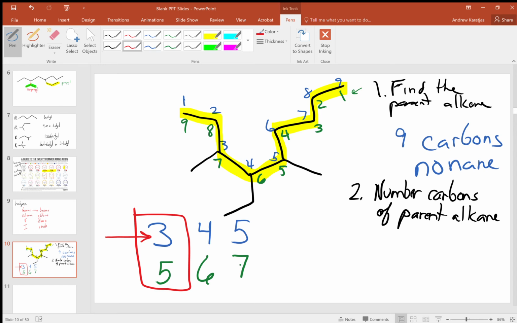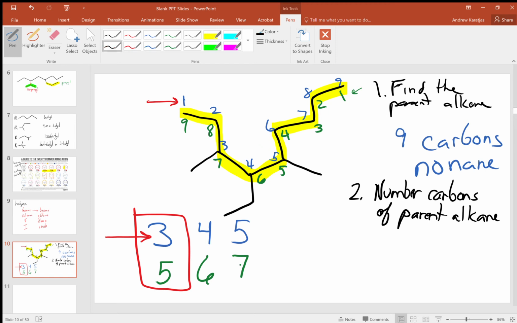So since 3 is lower than 5, we use the blue numbers. Doesn't matter what the rest of the numbers are. As soon as we find a point of difference, that's what determines the direction that we go. Alright, so we found the parent alkane here, which was nonane. We've defined the correct direction of numbering, which is with these blue numbers starting up in the upper left.